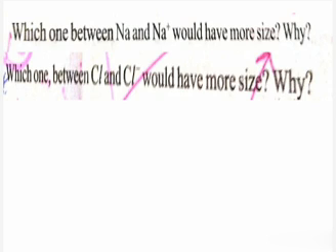So what is its configuration? 1s2 2s2 2p6. Yes or no? Na+ configuration, what is that? 1s2 2s2 2p6. Why? Because one electron was lost from the 3s shell.